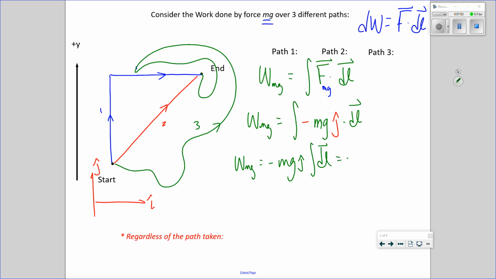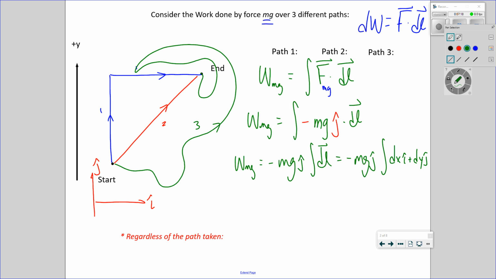That's like integrating dx in the i hat and dy in the j hat. It's really like integrating both of those. And so this work done by mg is negative mg in the j hat, integrated from position 0 to position final.